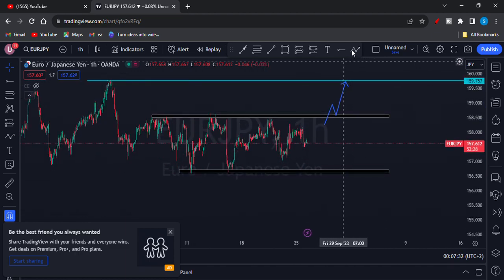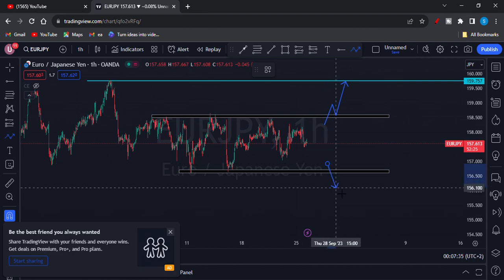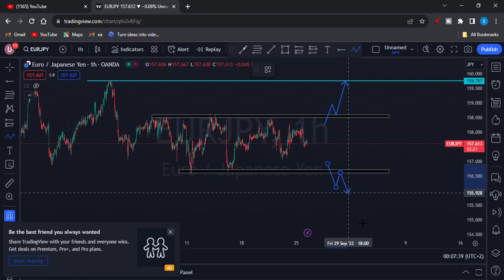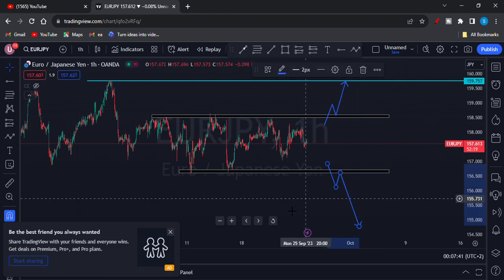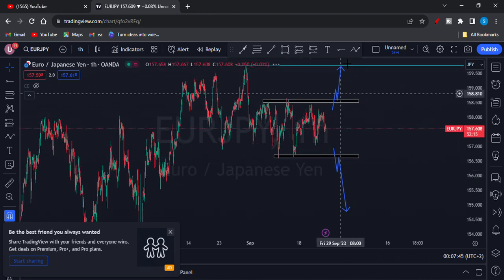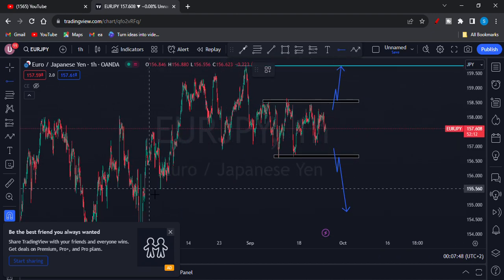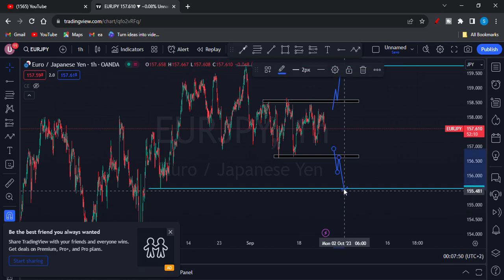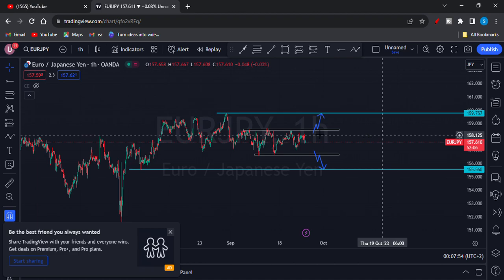And if there's a break and we're selling, I'm going to expect a retest around here and then potential sell up to here. So that's my analysis for EURJPY.